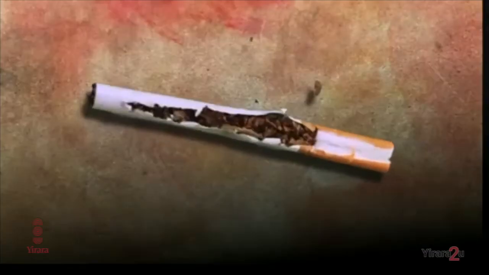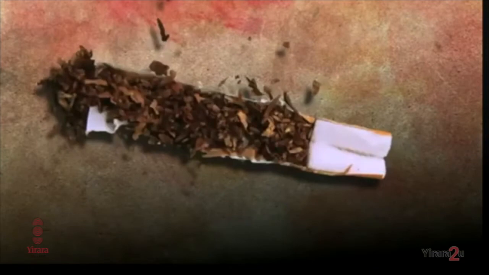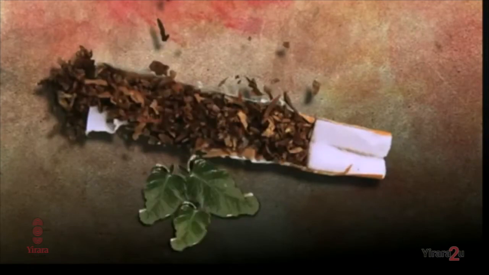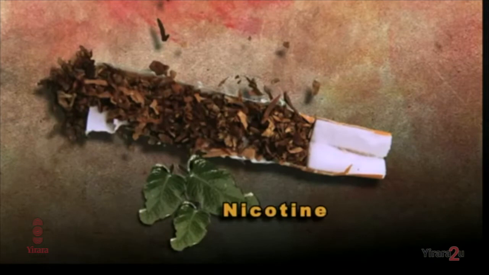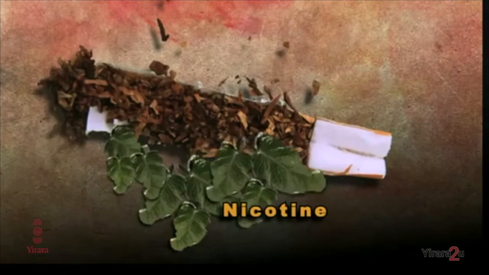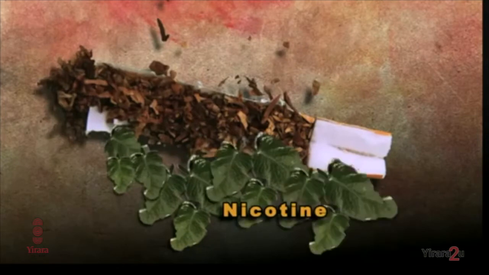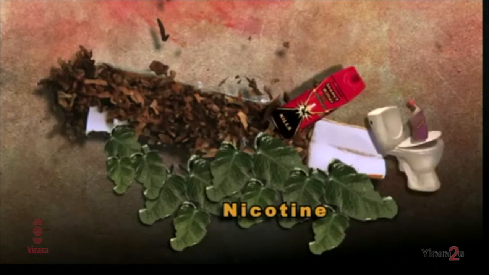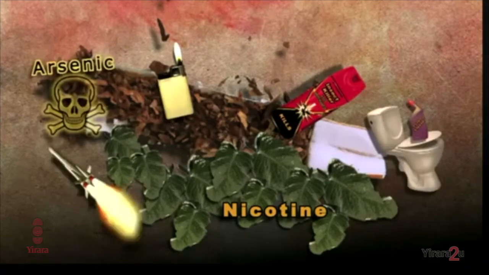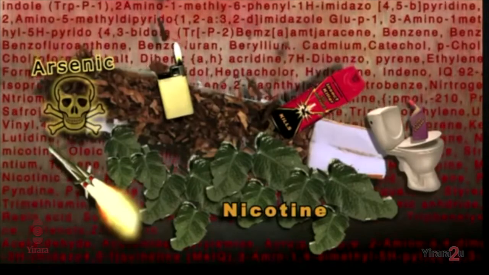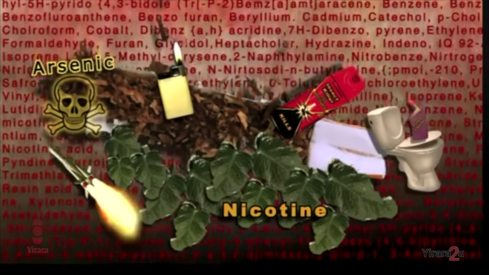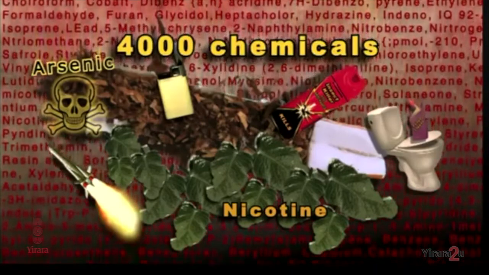So what do they put in a cigarette? They use leaves from the tobacco plant that have a very strong chemical in them called nicotine. Nicotine is addictive and makes you want more and more and more. But that's not all. Then they add more than 200 poisons, including insect spray, toilet cleaner, lighter fluid, arsenic, and rocket fuel. And even that's not all. In fact, there are more than 4,000 chemicals that go into one cigarette.